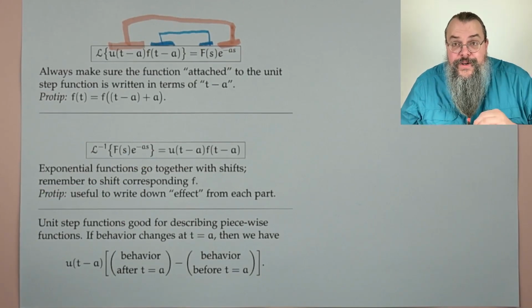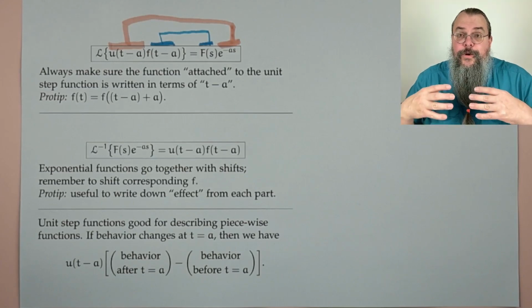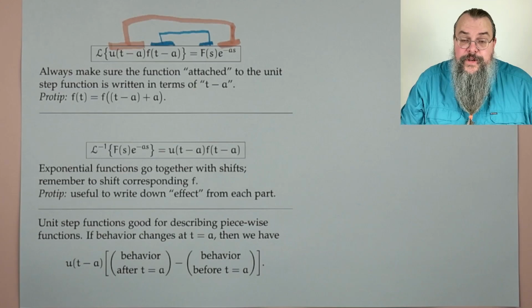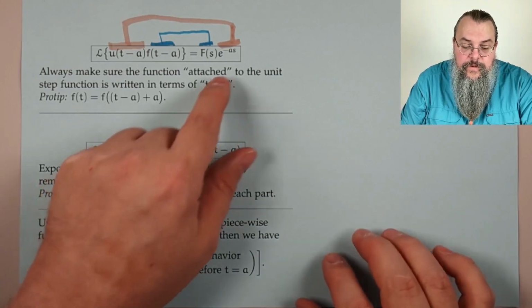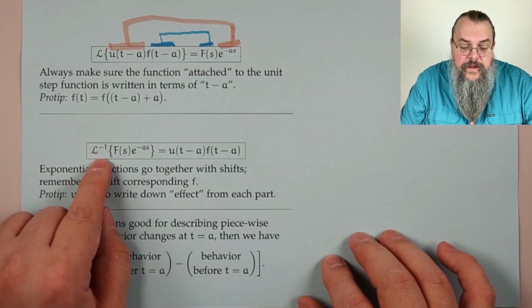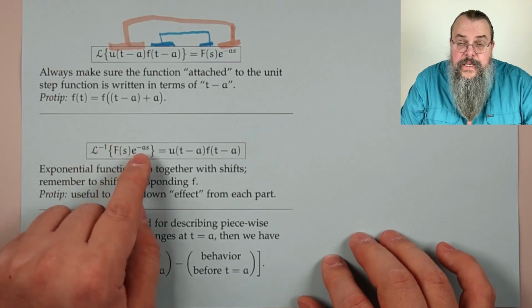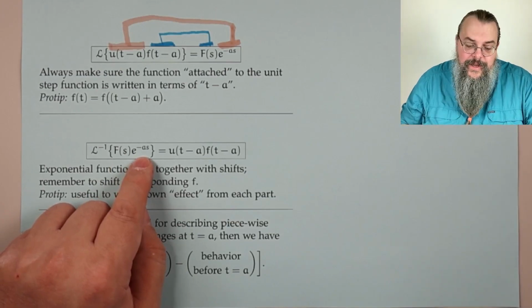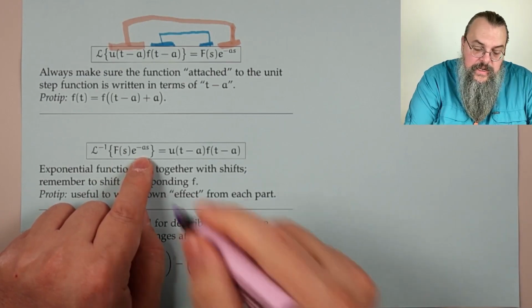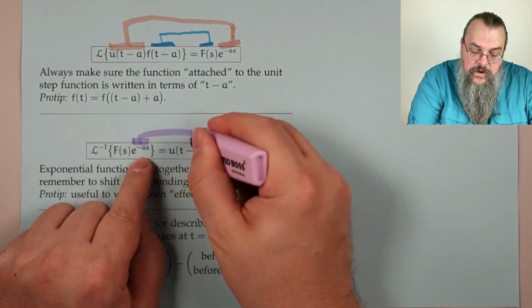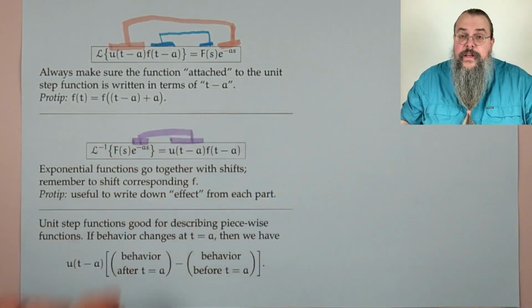Now, remember, every rule for Laplace transforms is also a rule for inverse Laplace transforms. And so you can imagine taking the inverse Laplace of both sides. So this says if you have the inverse Laplace of something with e to the minus as, you say, aha, as soon as I see an inverse Laplace and I see this e to the minus as here, I know that's going to involve an on-off switch.